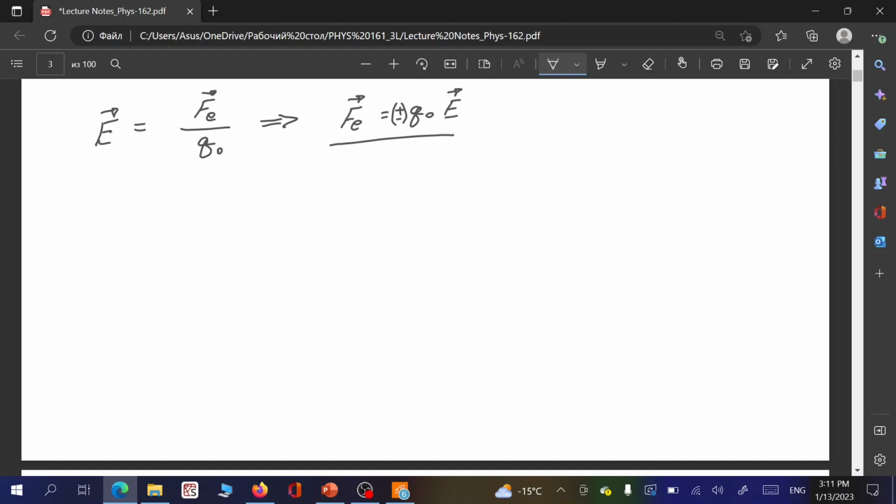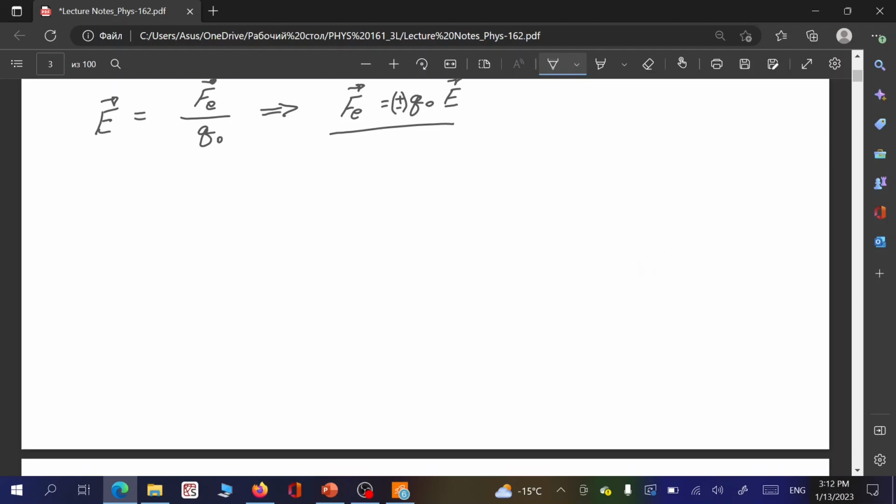So let us consider it further on some example. Let's say we have some positive charge, Q. Let's call it the source charge. That is the charge which will create an electric field in the environment.